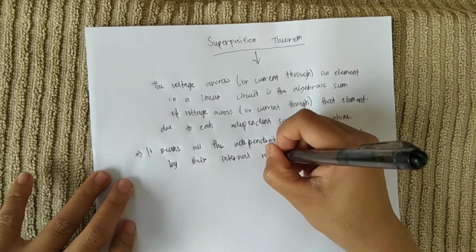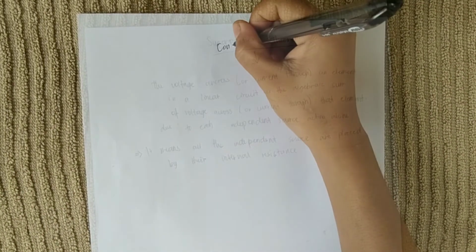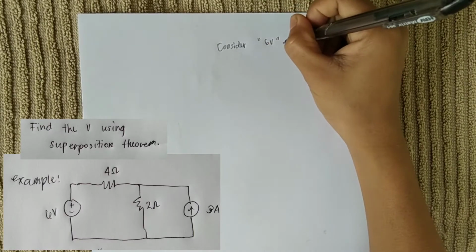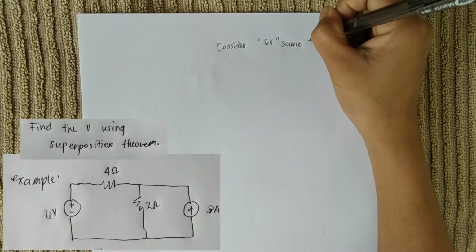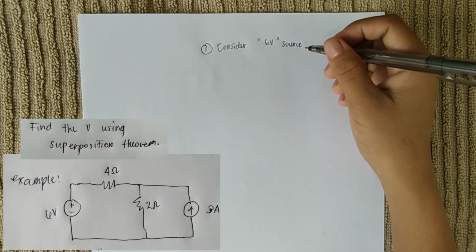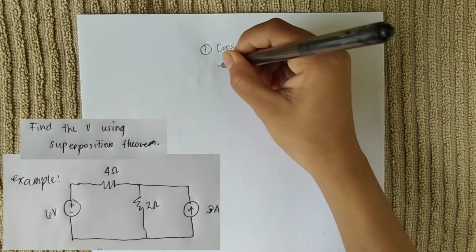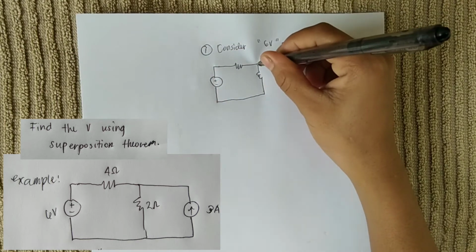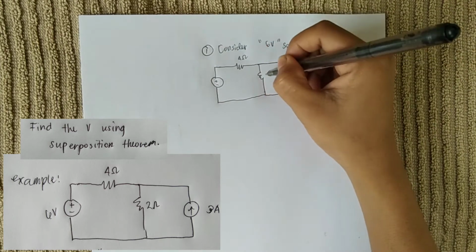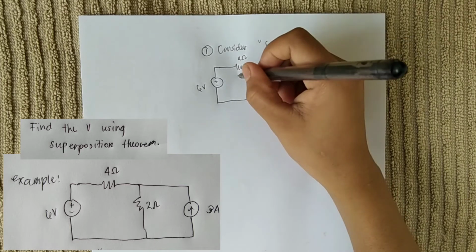So I'm going to show some examples. We have the problem: find V using the superposition theorem. Let us consider the 6 volt source. As you can see, it is an open circuit.